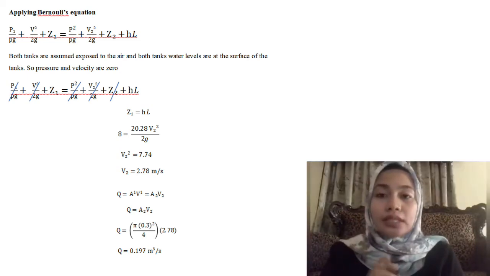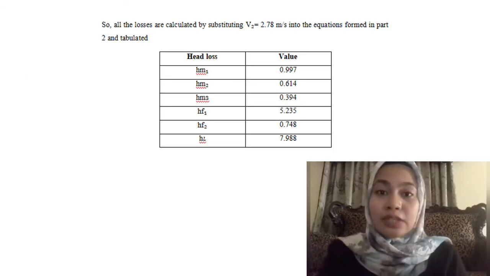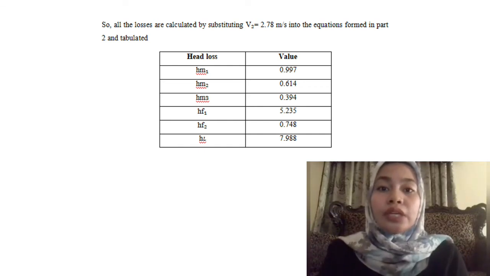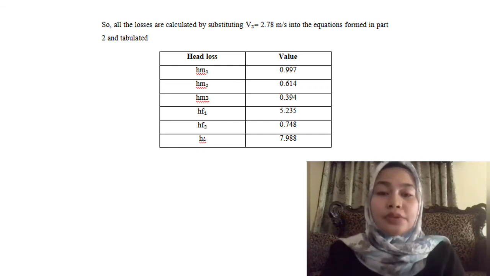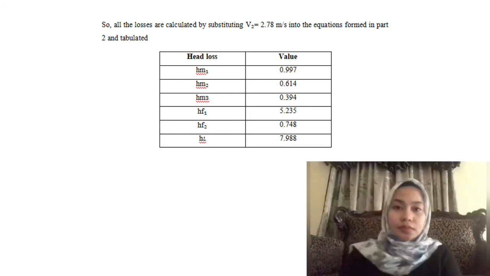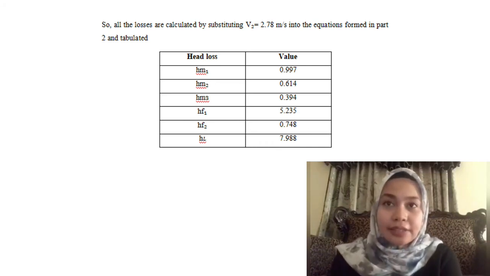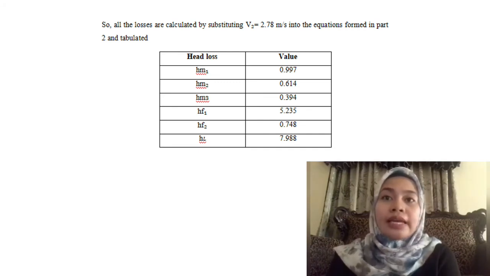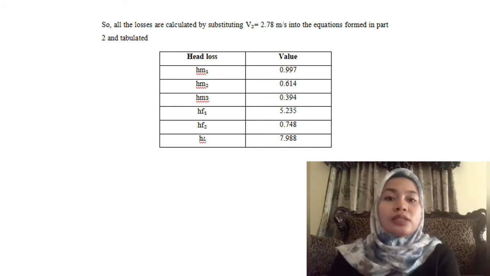So all the losses are calculated by substituting V2 equals 2.78 meters per second into the equation formed in part 2 and tabulated. Next, the value of head loss HM1 is 0.997. The value of head loss HM2 is 0.617.